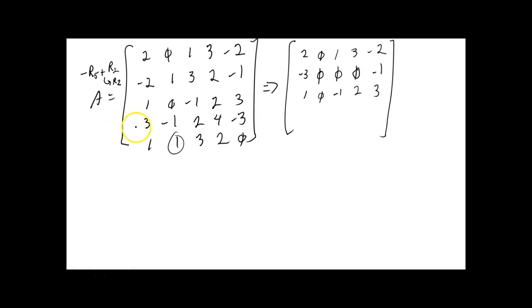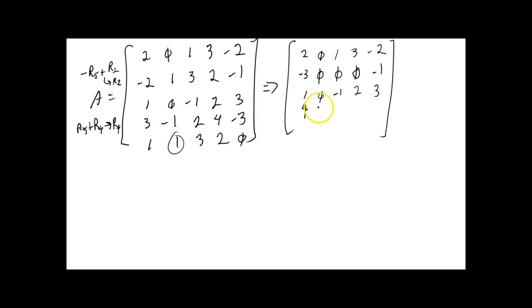Now, what do we do for row 4? Add them. So row 5 plus row 4 is going to be the new row 4. Okay, adding those two, you get a 1 and 3 is 4.